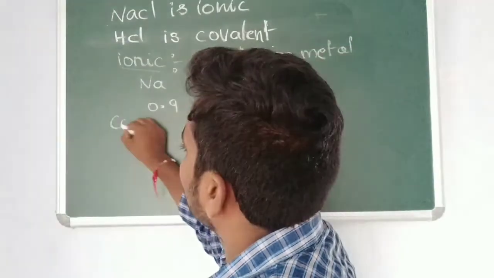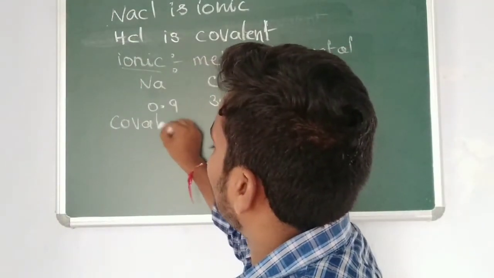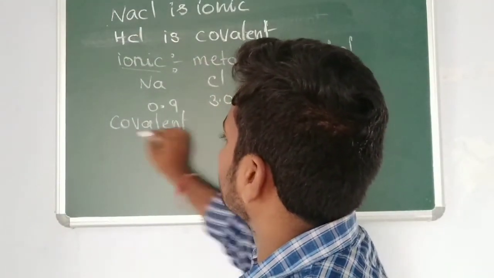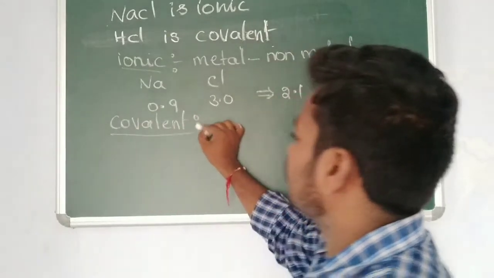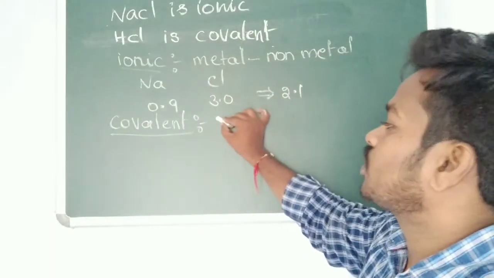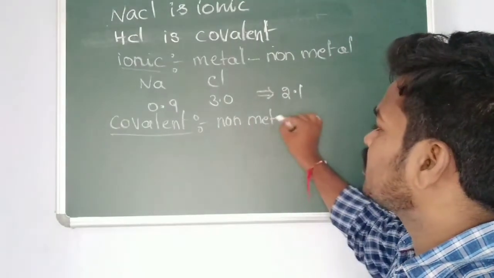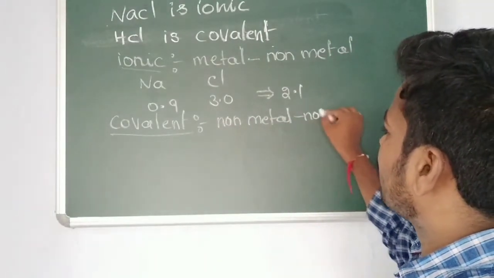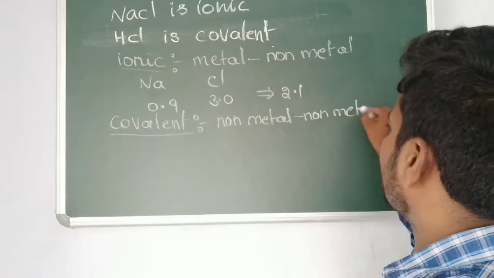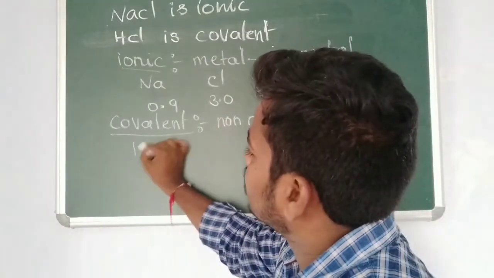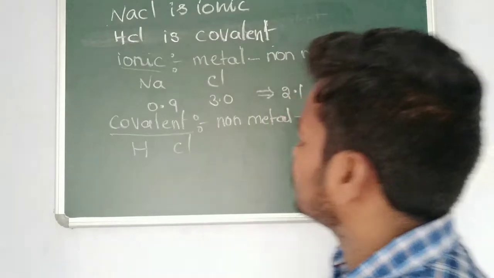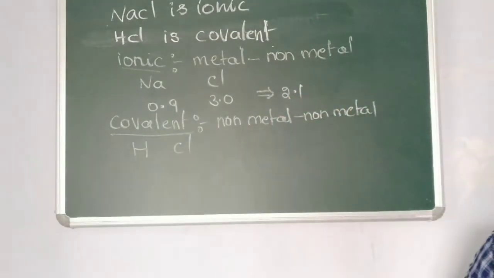If we talk about the covalent bond, the bond is formed between two atoms, and sharing and pairing of electrons takes place between the two atoms. Generally, covalent bonds happen only between non-metals and non-metals. For example, HCl: hydrogen and chlorine. Of course, hydrogen is a non-metal.